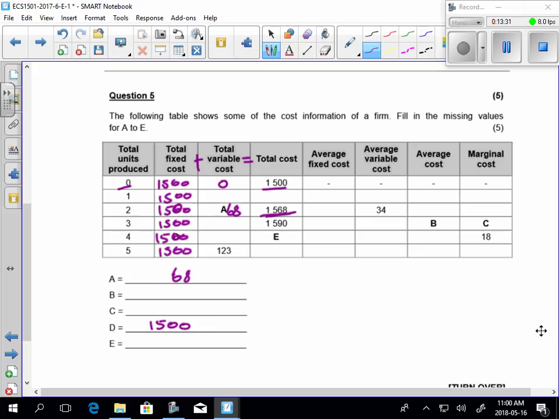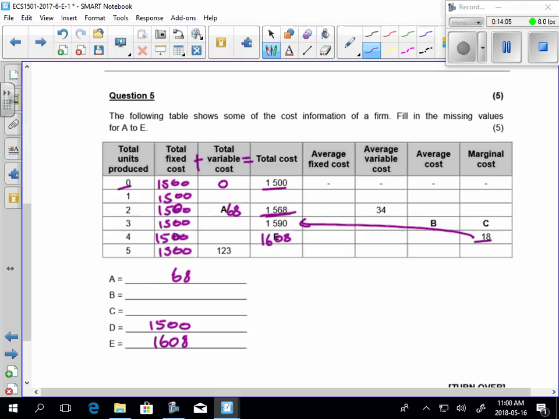I've told you that your marginal cost is 18 when we produced the 4th unit, which means 18 plus 1,590 is 1,608. And that is your total cost for the 4th unit. So I was cool with that.